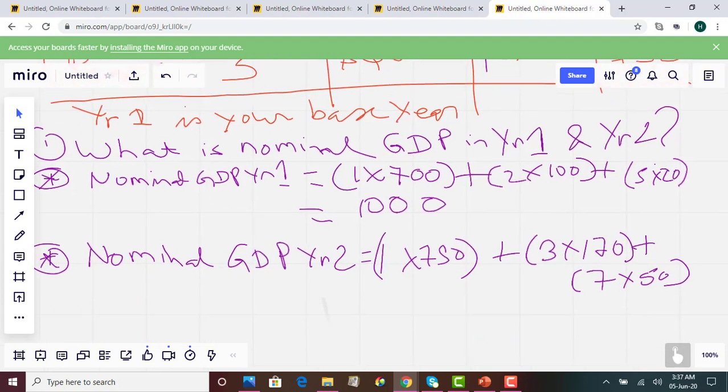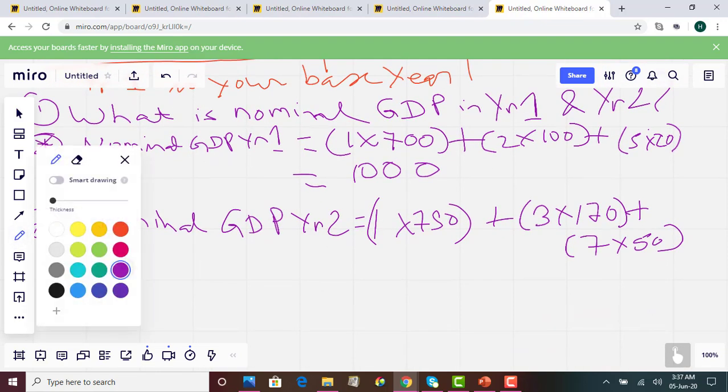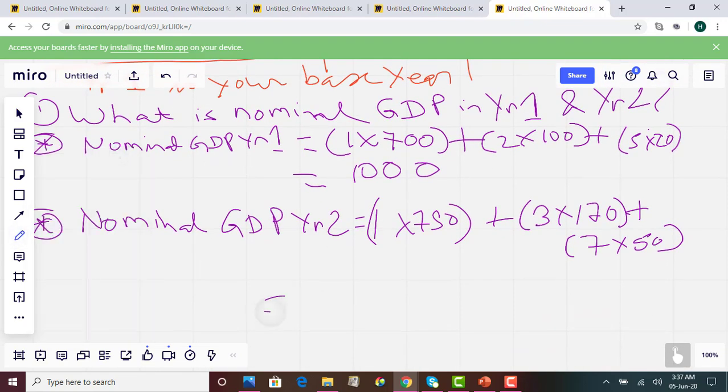If we do that, we end up with 750 plus 510 plus 350, which equals 1610. So that's the nominal GDP in year 2.